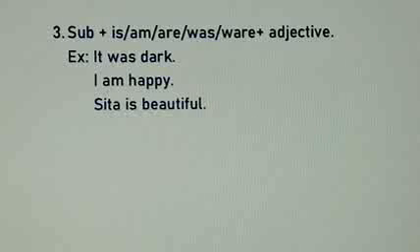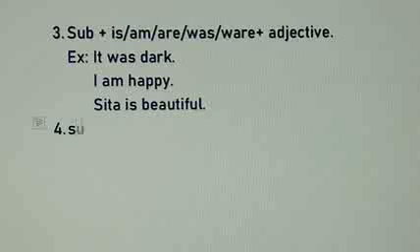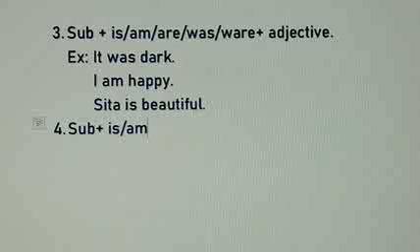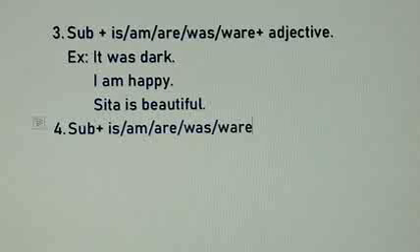Okay, now let's see a fourth structure for you. The structure is subject, then once again the same auxiliary verbs: is, am, are, was, and were. After that, my dear children, you need to add a preposition.